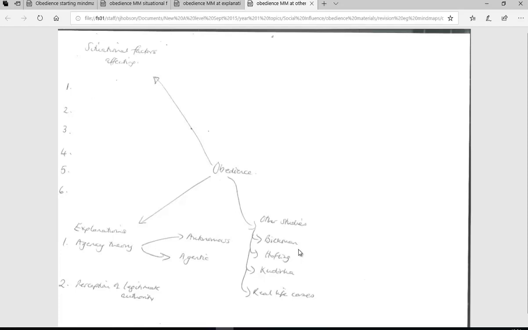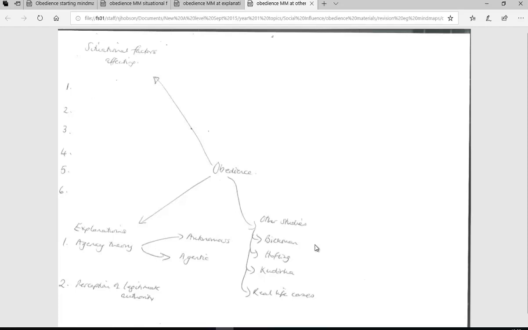Bickman was looking at streets of New York, and he had different people dressed in different outfits, the same person to standardize. What Bickman found was he standardized it with the same person, sometimes in a guard uniform, sometimes in civilian dress.